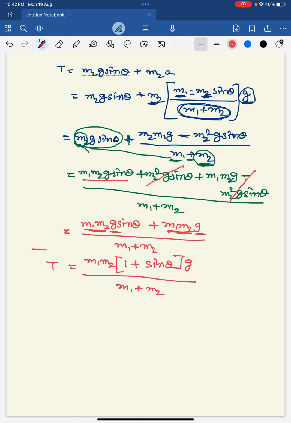So this is the tension developed in the string.